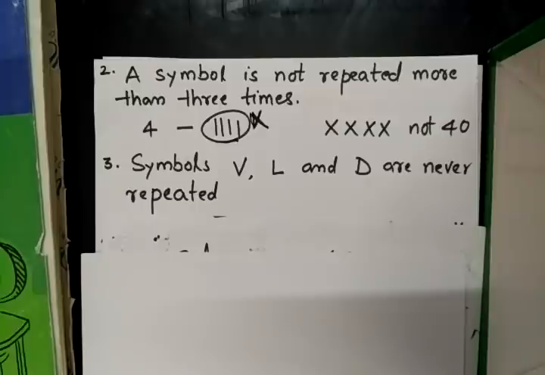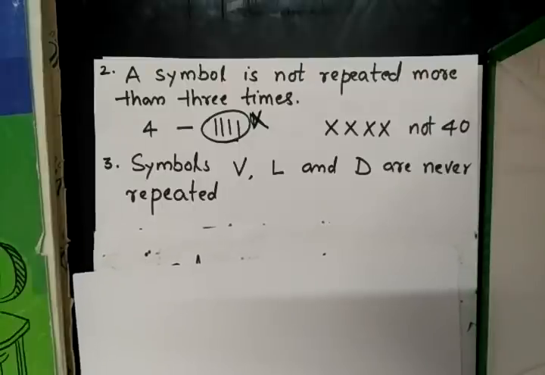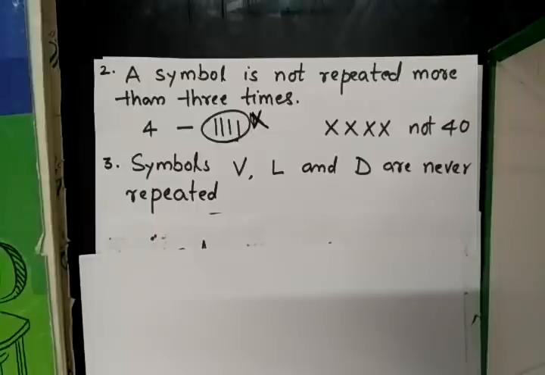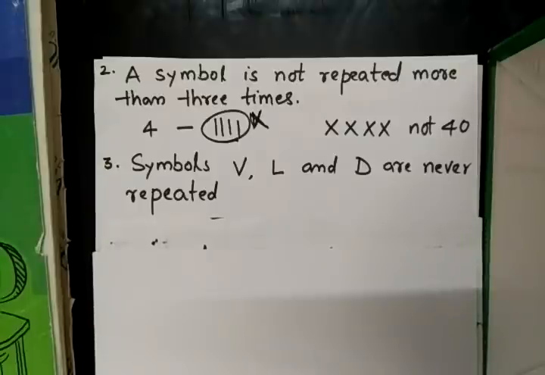We cannot repeat V 2 times or 3 times. Only 1 time we can write. We cannot repeat V or L or D. That is the third rule. Clear? So to write 100 we cannot write LL. No, it is wrong.